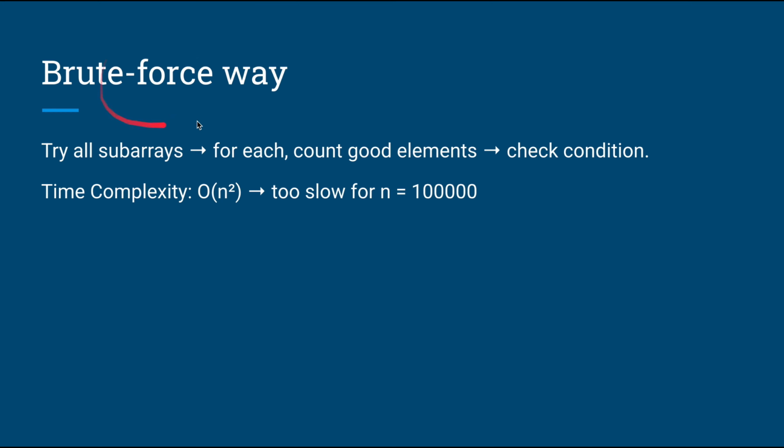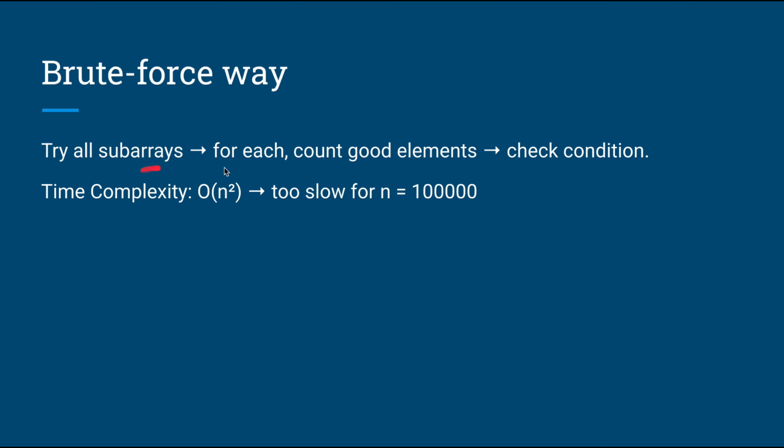For the brute force way, if you're in an interview, you can say we'll try all the subarrays, and for each subarray count the good elements and check the condition.